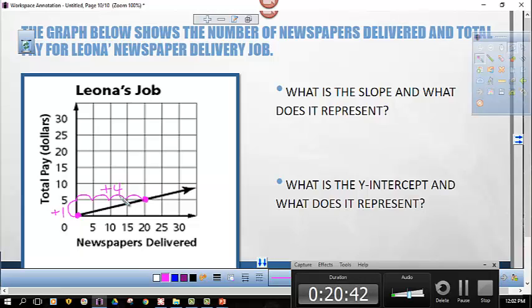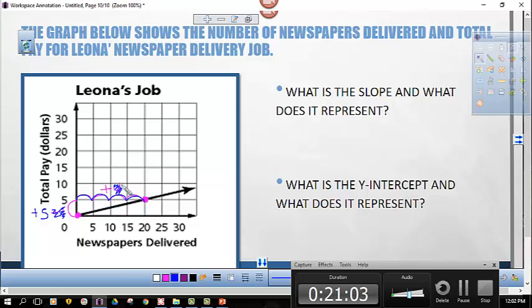A big mistake that I see is people do not look at the scale factor. So I'm actually not rising 1. I'm rising 5. So that's a plus 5. I'm actually not going 4 because I'm going by intervals of 5. So I'm going 5, 10, 15, 20.